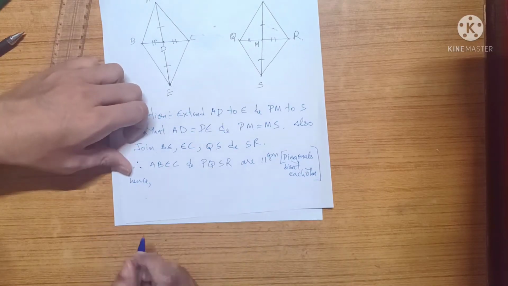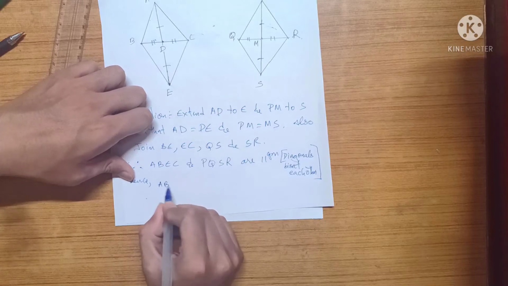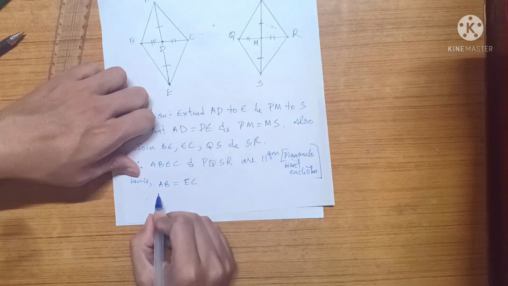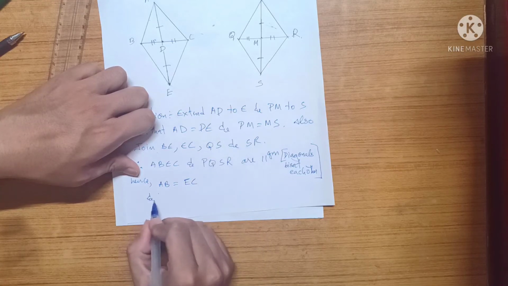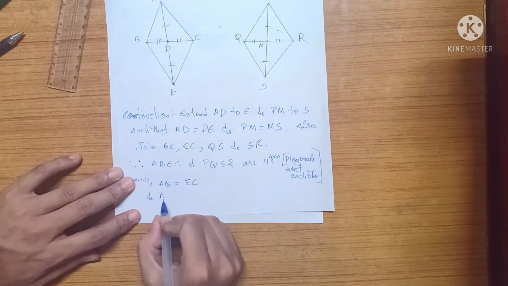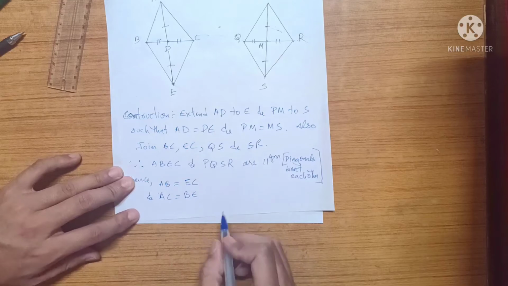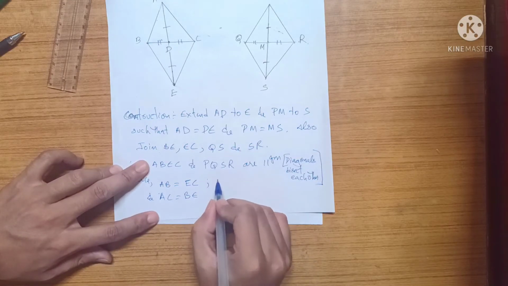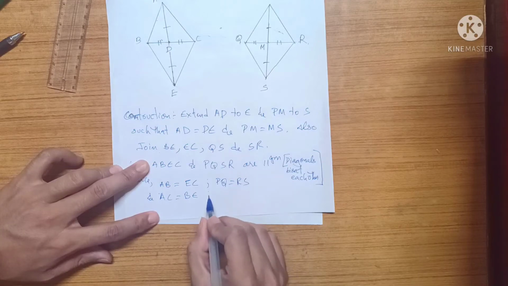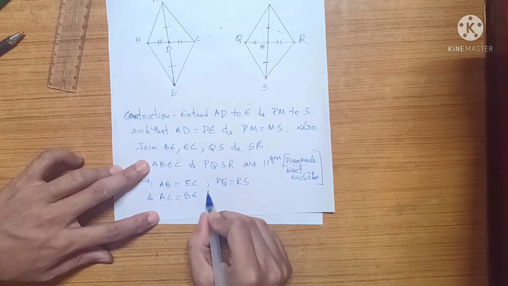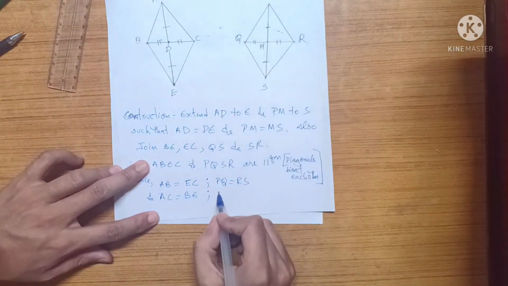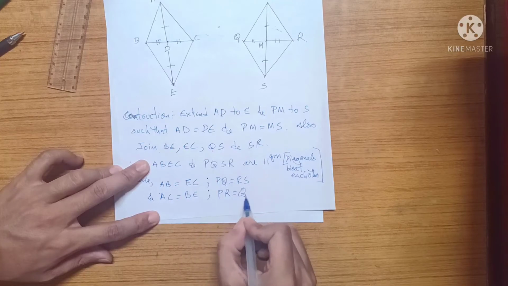Since this and this are parallelograms, I can say that AB equals EC and AC equals BE, PQ equals RS and PR equals QS.